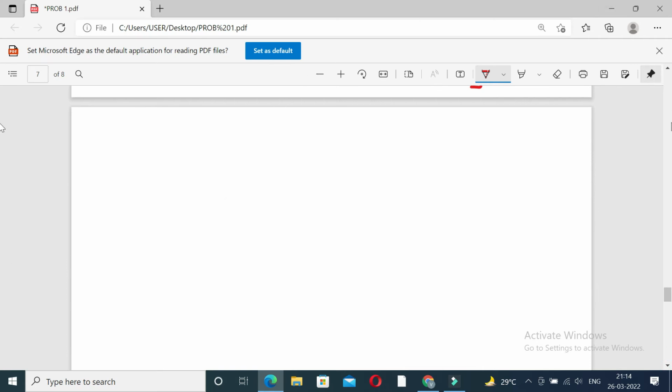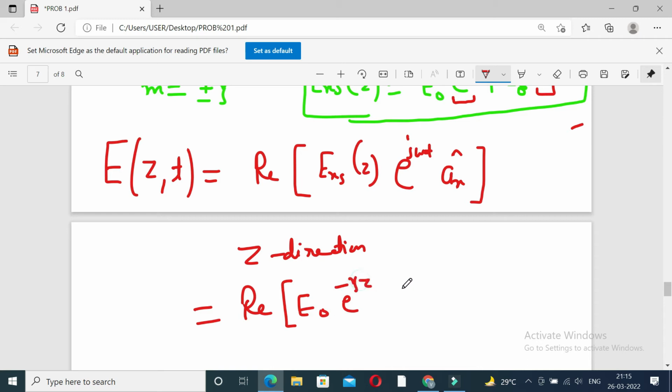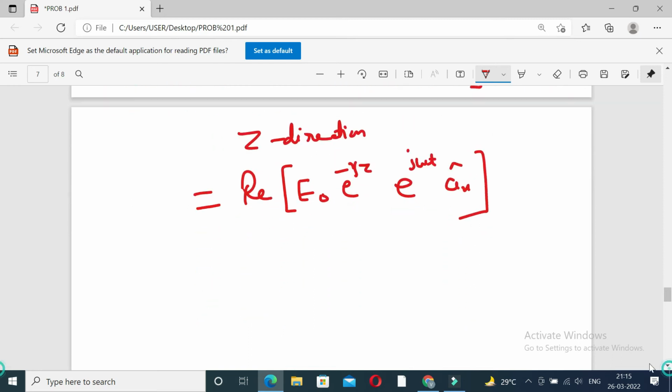Now I am considering positive z direction. So the value of Ex z t is E naught e to the power minus gamma z into e to the power j omega t ax cap. We know gamma is equal to alpha plus j beta.